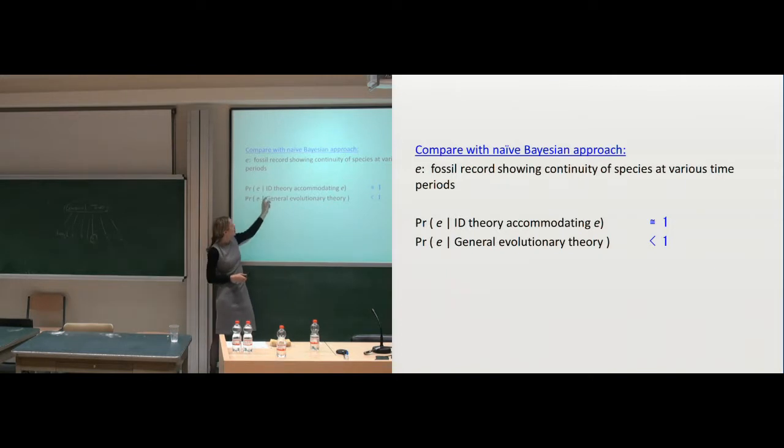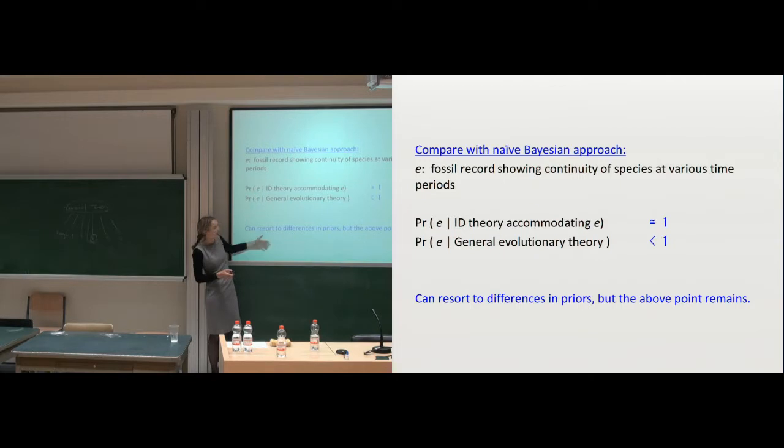Even if the evidence is pretty much close to certainty under the gerrymandered hypothesis, and slightly less for general evolutionary theory, let's say, we might have to say, according to our notion of confirmation for the Bayesian, which tends to just be the ratio of those two, that actually the evidence does support ID theory, right?